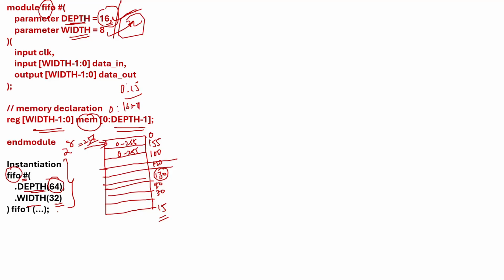32 means what? 2 power 32, right? 2 power 32 means how much is it capable of? 2 power 10 into 2 power 10 into 2 power 10 into 2 power 2, you can write that.